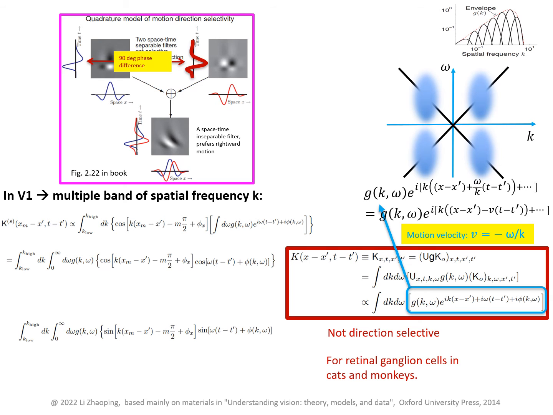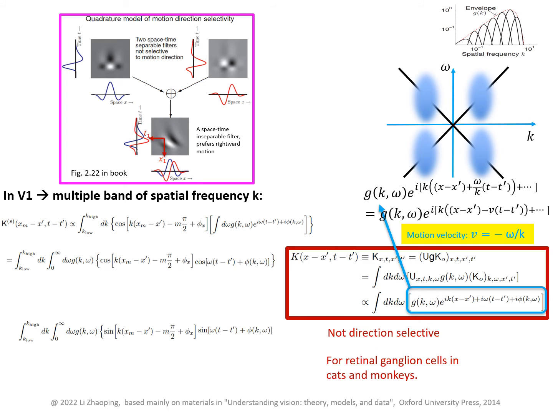Temporally, it has excitation in the early and later time windows and a suppression in the intermediate time window. Again, it's a spatial-temporally separable filter. Now you can convince yourself that adding these two space-time separable filters together, you get this one, and it's no longer a cross product of space and time.